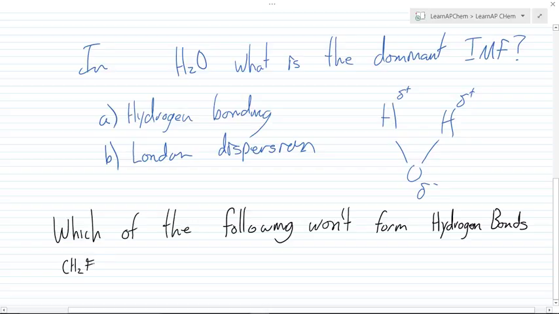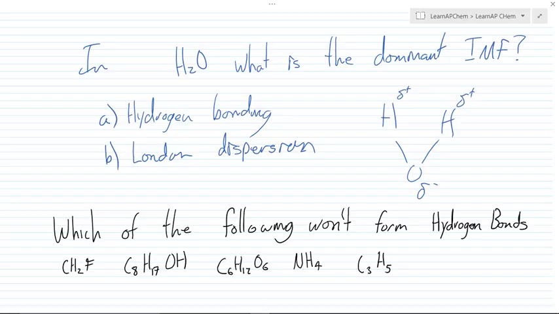CH2F, C8H17OH, C6H12O6, NH4, or C3H5. Alright, so let me know what you think won't form a hydrogen bond of the list that I've given you.